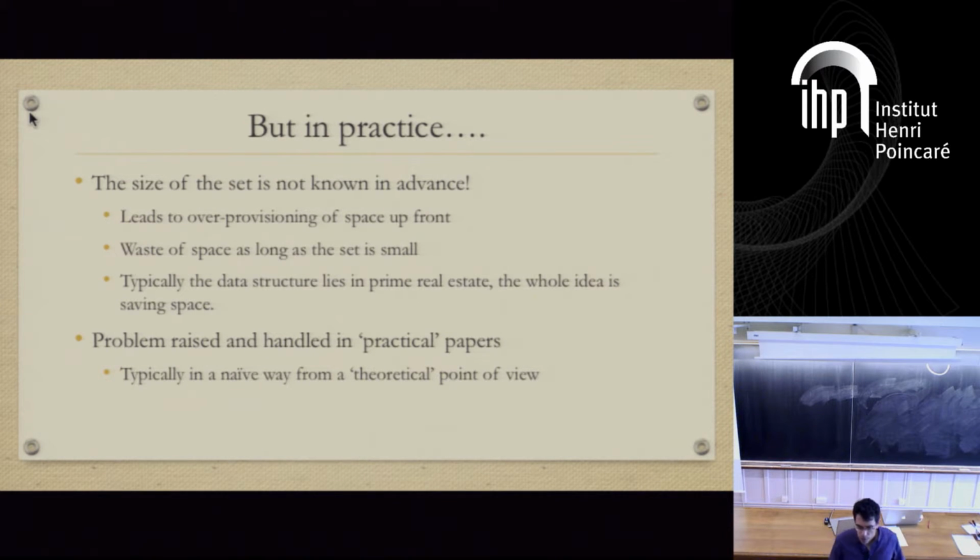When we read them, it struck us as a very naive way to deal with something that is perhaps interesting from a theoretical point of view. So this is the problem that we set out to solve.